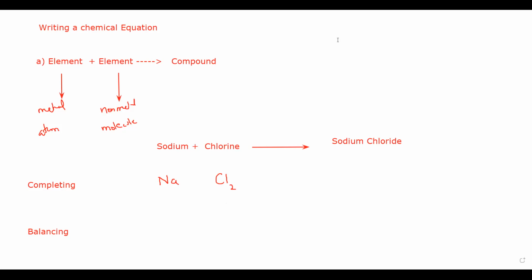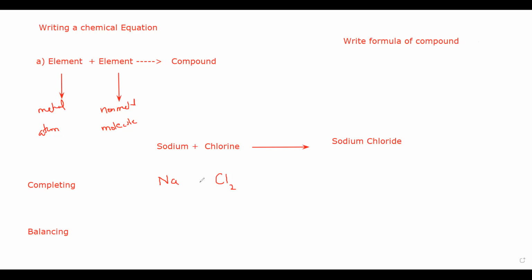And how to write the formula of a compound? To write the formula of a compound, we don't have to bother about how many sodium atoms are there and how many chlorine atoms. We have to use the periodic table.